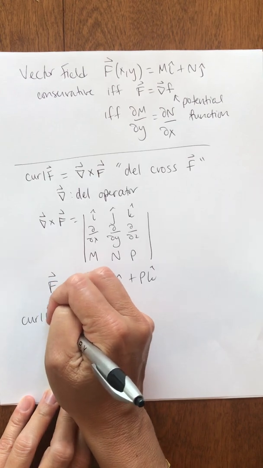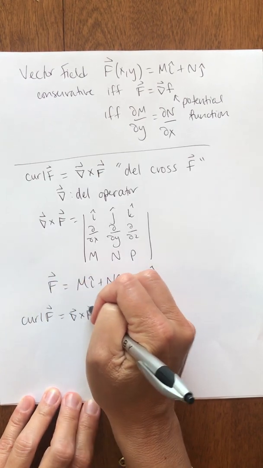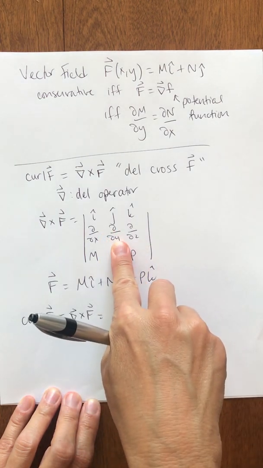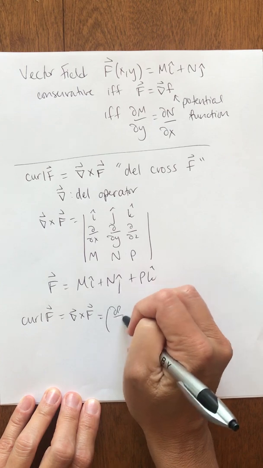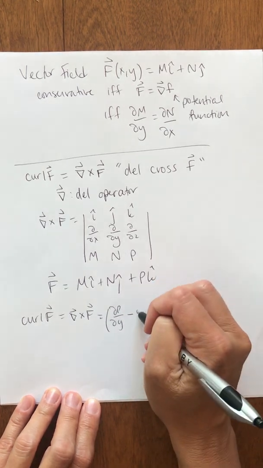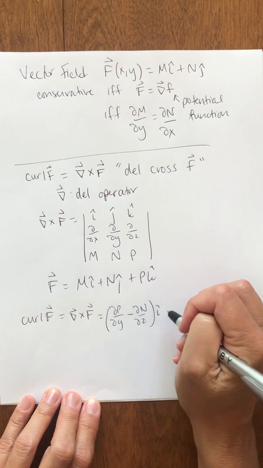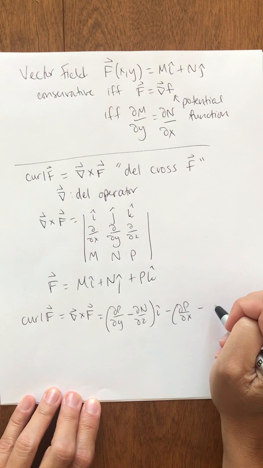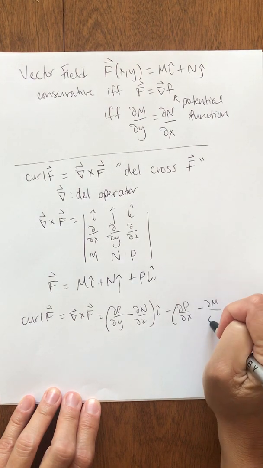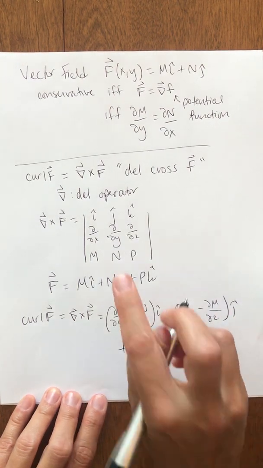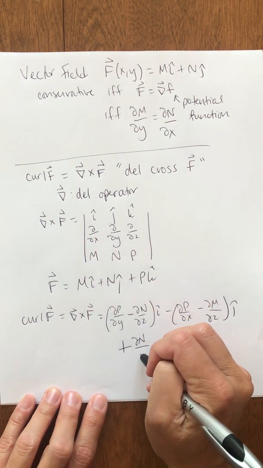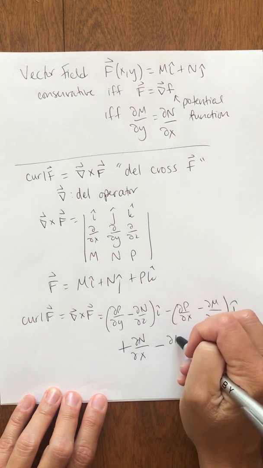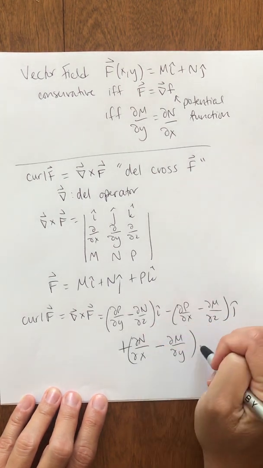Now, when I look at this vector that's going to result, I'm going to get curl f, which is del cross f. In the i hat, I'm going to have the derivative of p with respect to y, so dp dy minus dn dz, i hat, minus dp dx minus dm dz, j hat, plus my k hat is going to be the partial of n with respect to x minus the partial of m with respect to y, k hat.